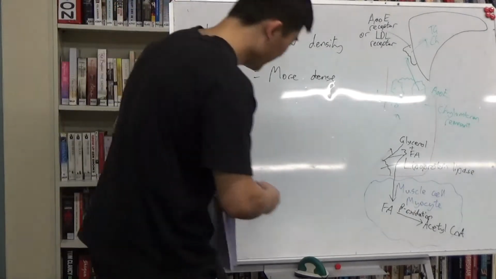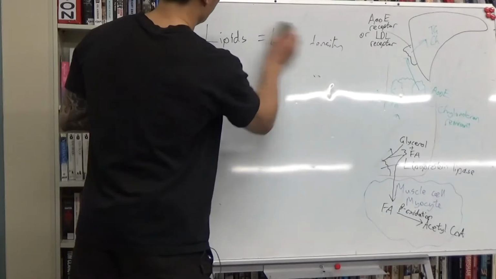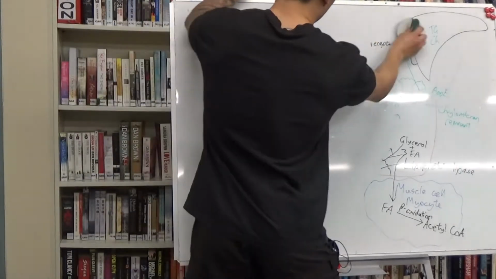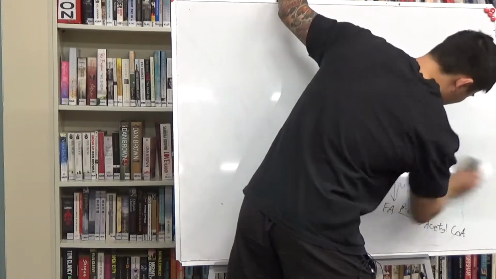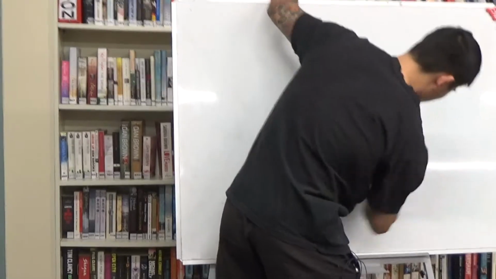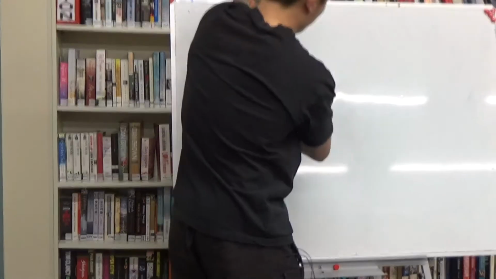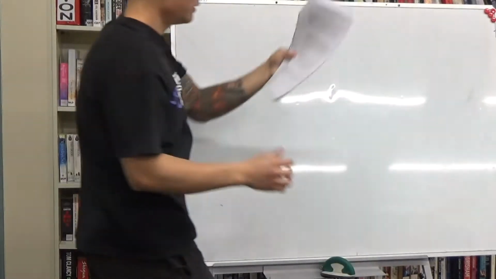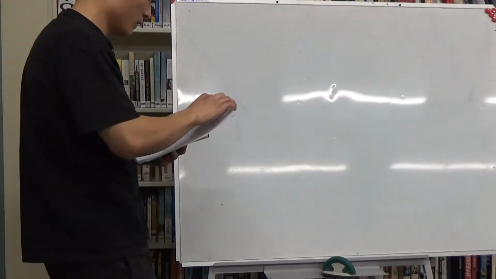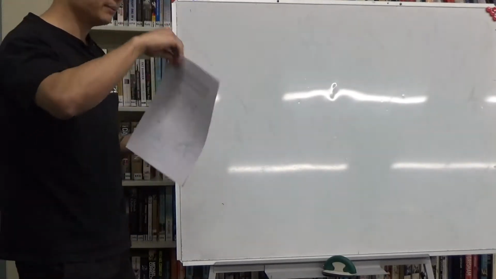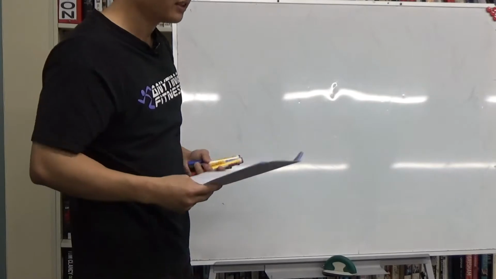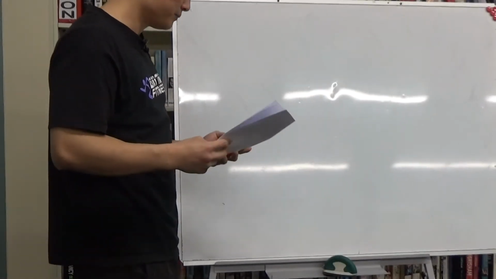Okay, so I think I'll just draw this all out again, but this time we'll look at the path of a VLDL. So if you go on to the next page, there's space for you to draw this out.